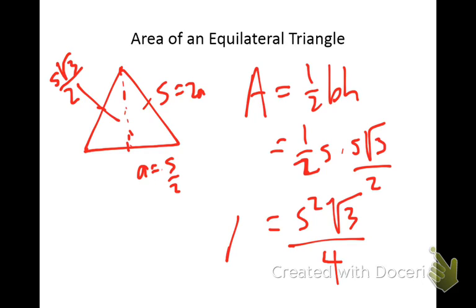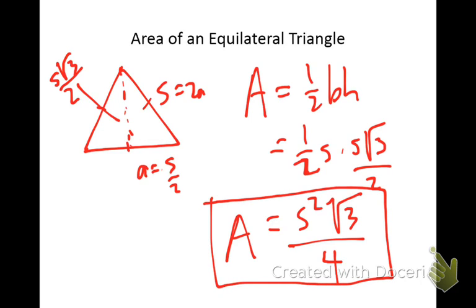Right? That is always the area of an equilateral triangle. You'll have to calculate a lot of equilateral triangle areas. So rather than go through this process each time, just remember that the area of an equilateral triangle is S squared radical 3 over 4. You can just memorize that formula and use it.